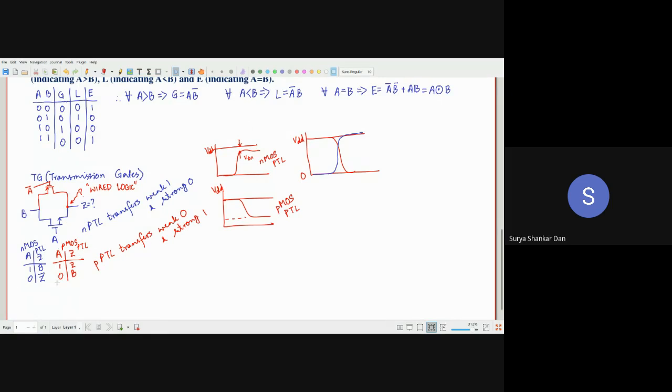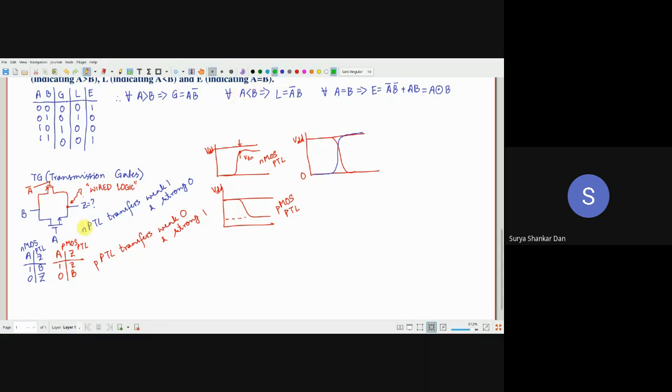But anyways, so what is the situation is that जब आपका A 1 होगा ना, तब in Z, out of these two, if you notice at the node Z, out of these two wires, one of them will be high impedance. Okay, so that means when A is 1, what is going to happen?